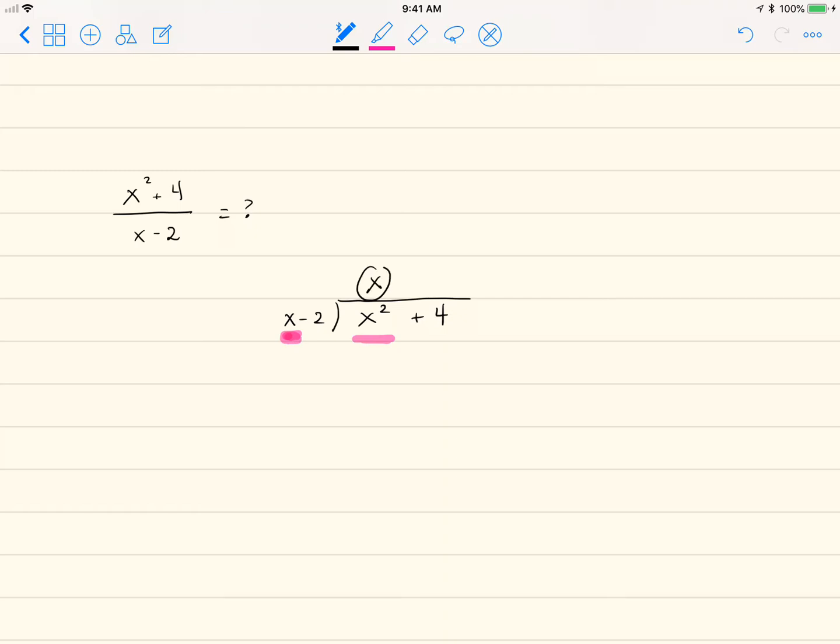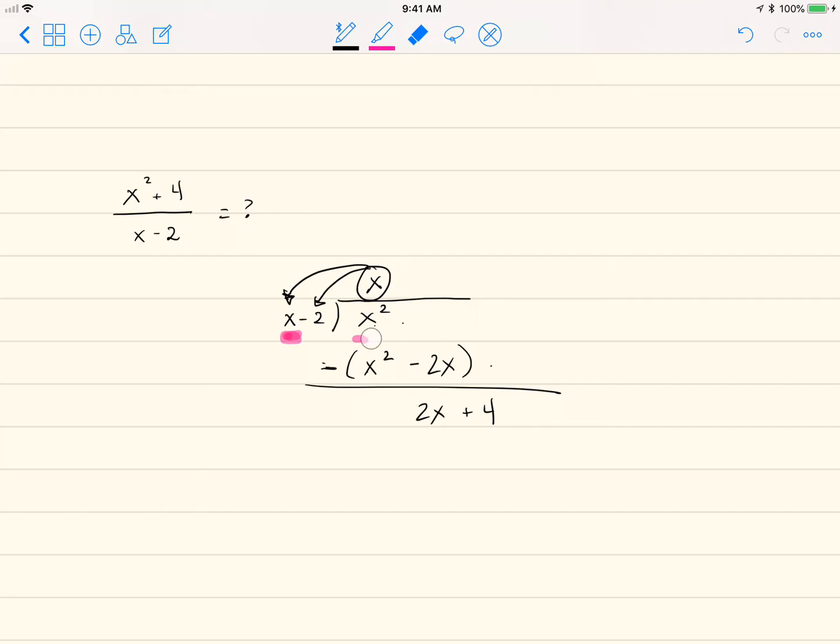Now x times x gives me x squared, and then x times negative 2 gives me negative 2x. Then I subtract all of this, and x squared minus x squared gives me 0. 0 minus negative 2x gives me 2x, and then 4 minus 0 gives me 4. Right? Does that sound familiar?